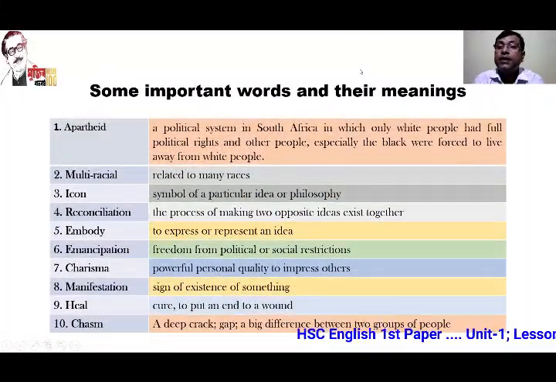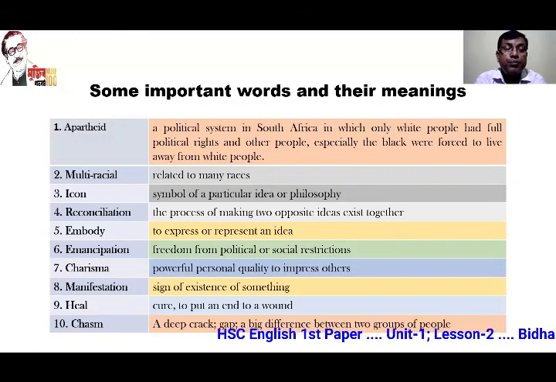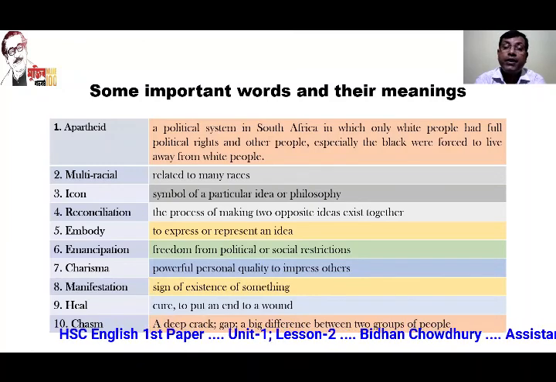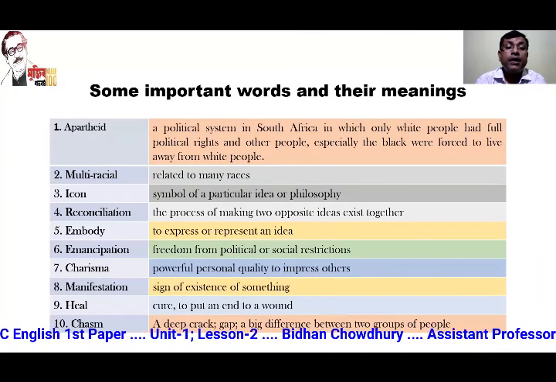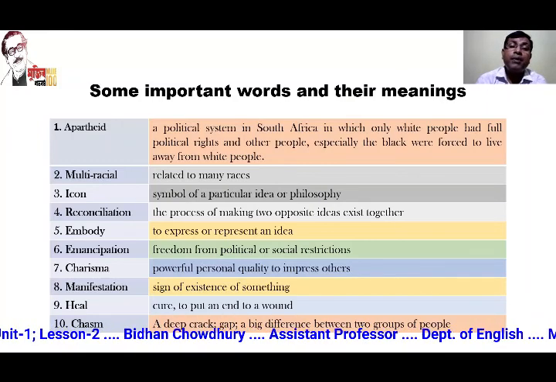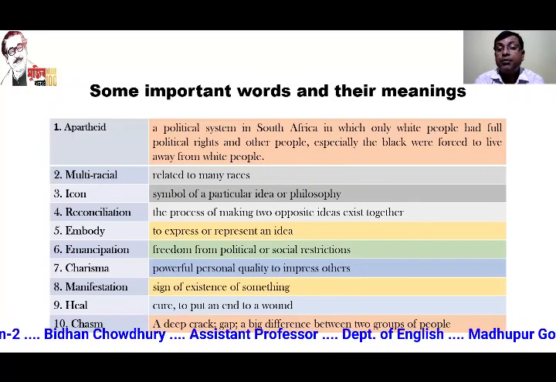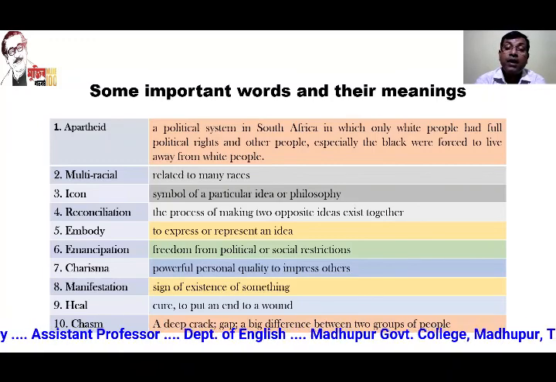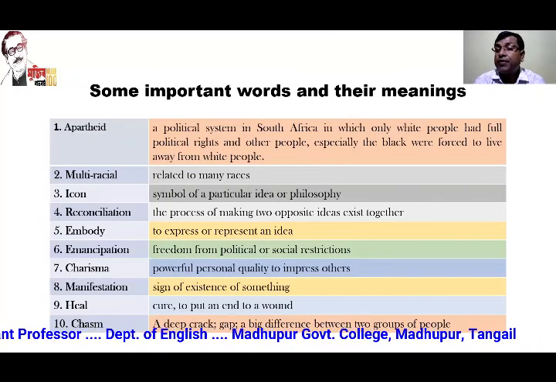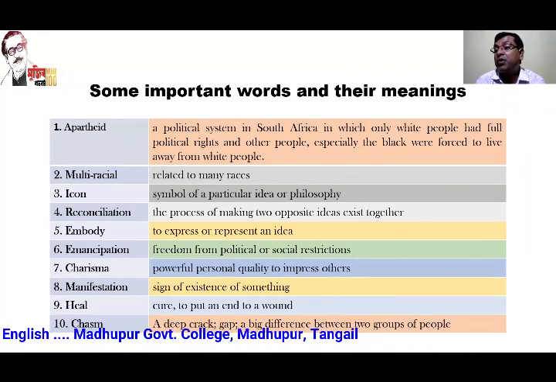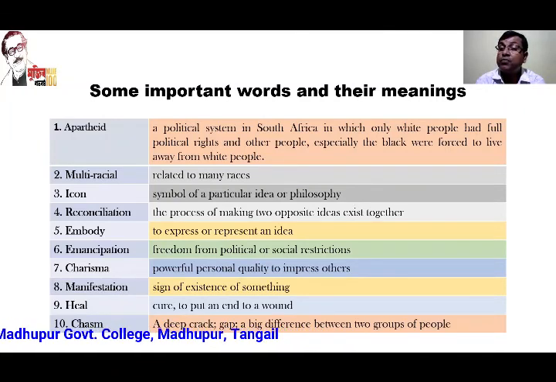Dear students, here in this lesson, you can see some important words I have taken from the text up to which I have read. First of all, apartheid. What is apartheid? I told you that apartheid is a black law, and if you read these lines, you will see what apartheid actually is. A political system in South Africa in which only white people had full political rights, and other people, especially the black, were forced to live away from the white people.